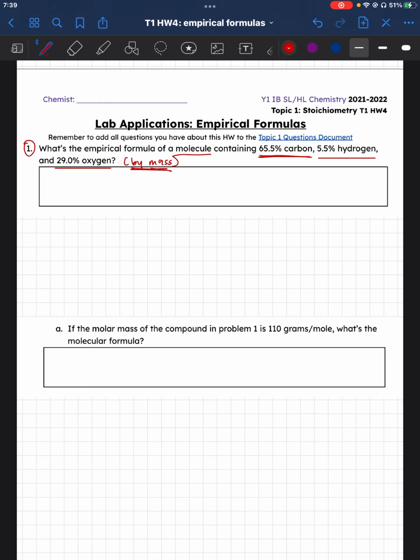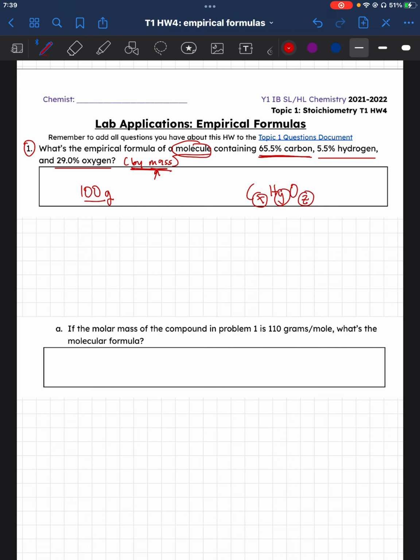All right, so the way that I'm going to solve this problem is I'm going to work with a particular sample. That's going to be the easiest way to think about this. And specifically, the easiest size sample to work with is a 100-gram sample of my unknown molecule. Why? Well, because I have mass information and I need to find the relationship between carbon, hydrogen, and oxygen in terms of their moles.